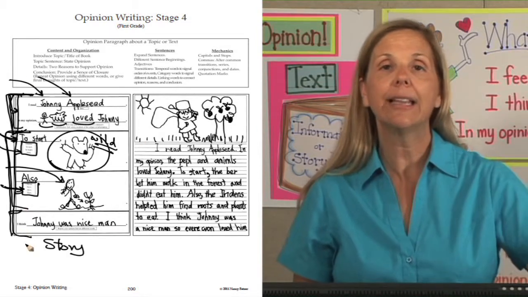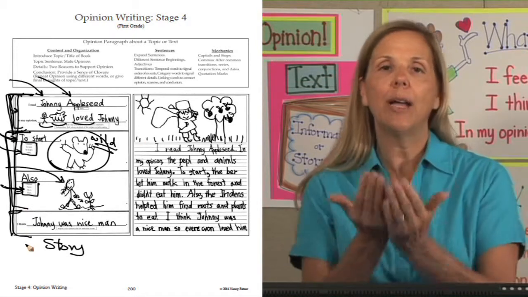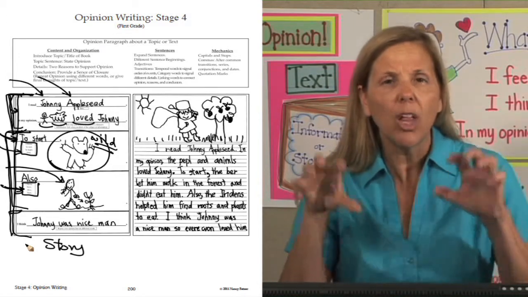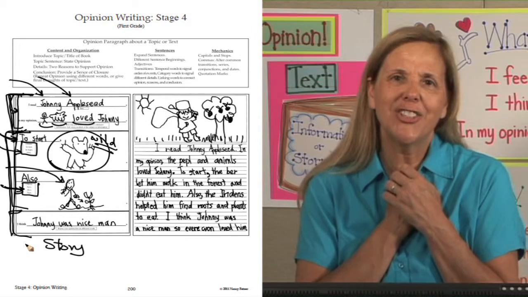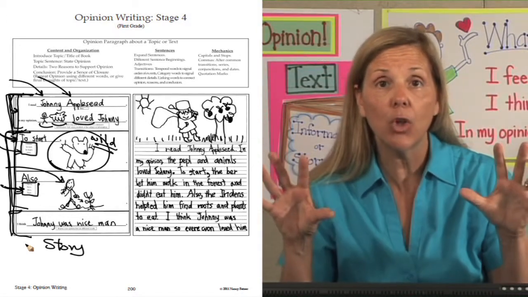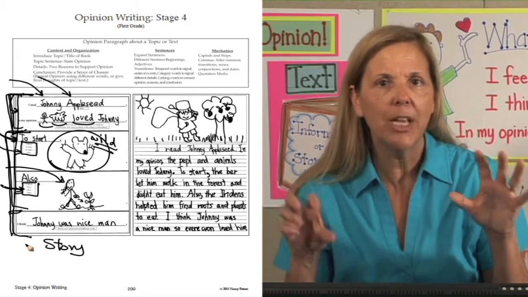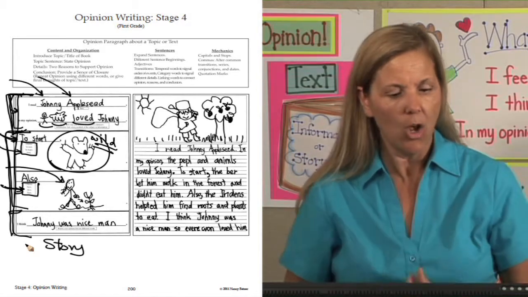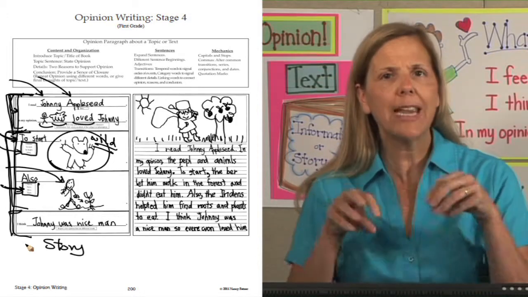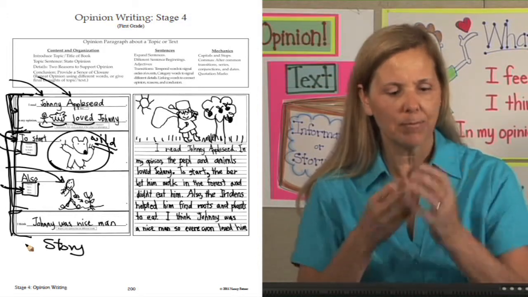We go back and let's read it. Ready? I read Johnny Appleseed. In my opinion, the people and the animals loved Johnny. To start, the wild animals didn't attack him when he was in the forest. Also, the Native Americans helped him find plants and roots he could eat.